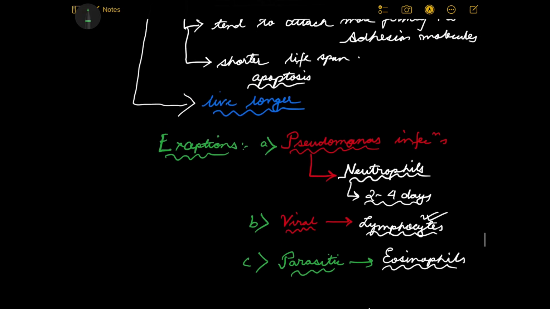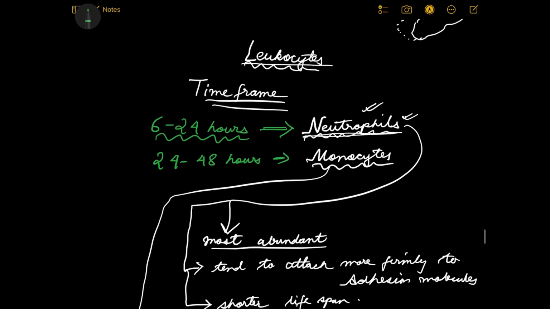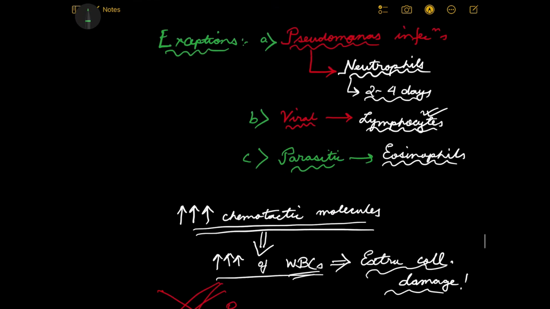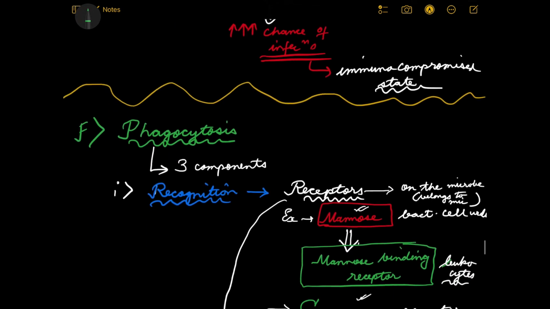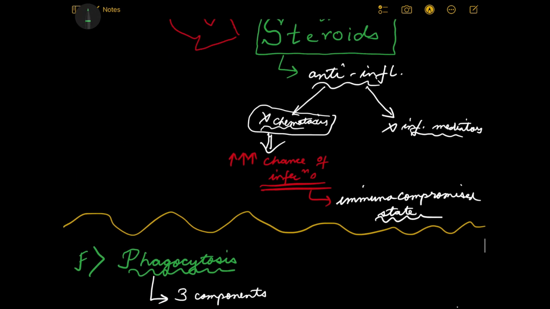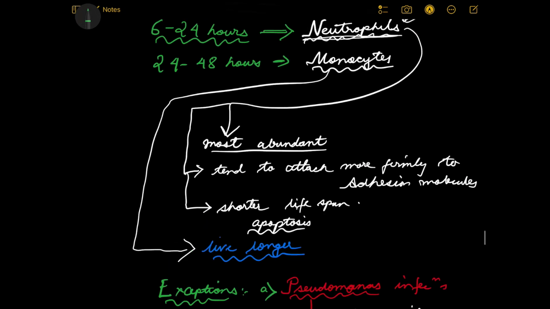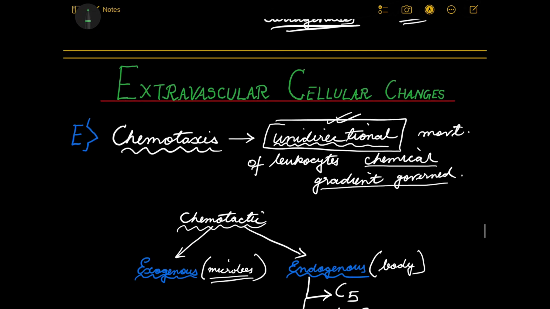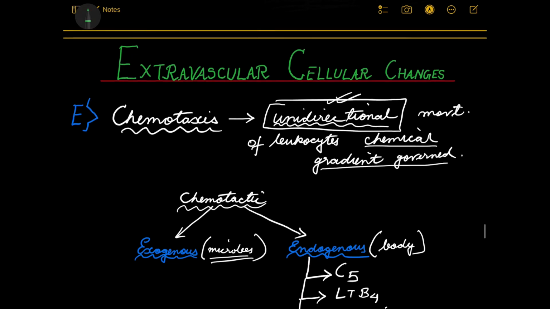In that, we saw there was phagocytosis. But before that, there was something called chemotaxis. Yeah, here. So these are the extravascular cellular changes, and in that we have chemotaxis.